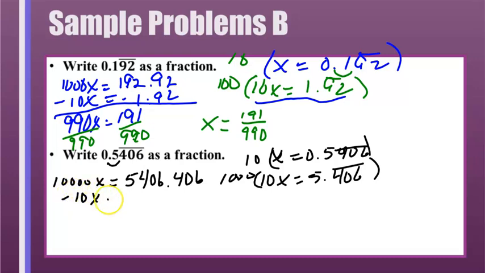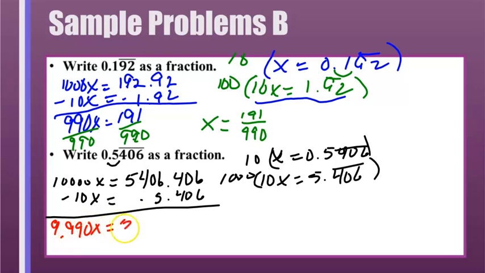So 10x equaling 5.406. When I do that, that gives us 9,990x equaling 5,401. To get x by itself, divide by 9,990 on both sides.